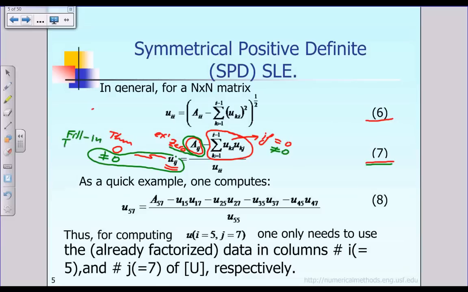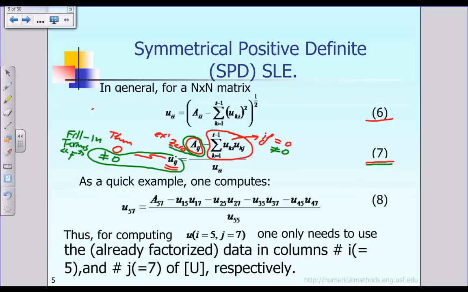Later on I will use the symbol capital F to represent a non-zero fill-in term during the factorization process.